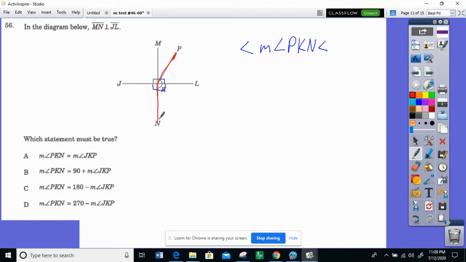How do we know that? Because angle NKL is 90 degrees, and angle PKN is made up of angle NKL plus angle LKP. So the measure of angle PKN has to be more than 90 degrees. But it has to be less than 180 degrees because it's less than the sum of these 2 right angles right here.